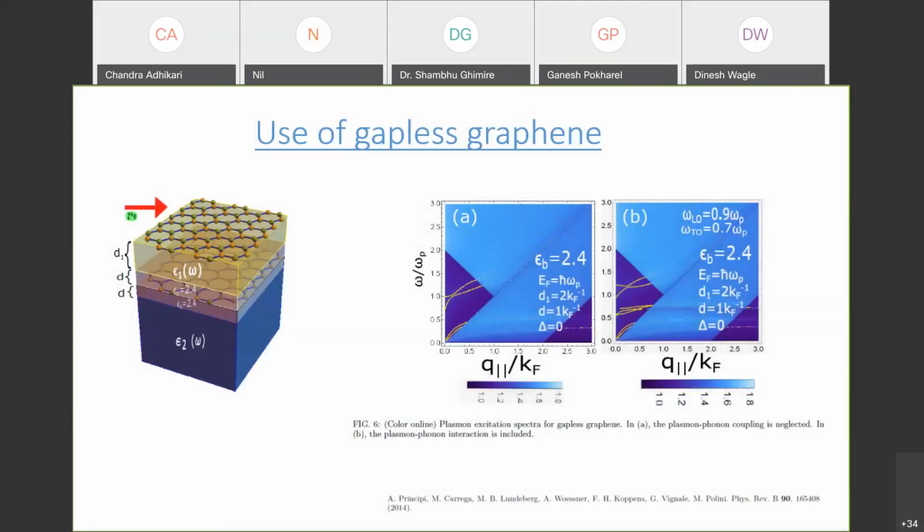Now, I'm going to discuss the same figure that I showed you previously at the beginning of my discussion. For this given structure, when the phonon coupling is absent, we have two pairs of plasma dispersion relations. One pair originates from the origin, and the other originates from the bulk plasma frequency.